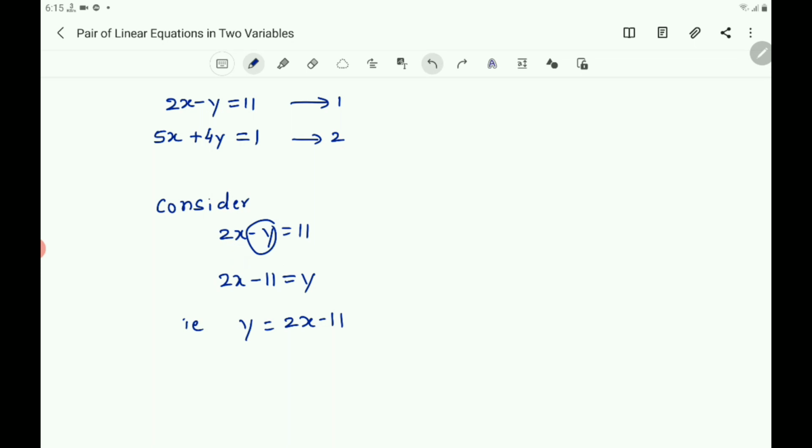But here y is negative, therefore it is convenient to transfer minus y to RHS and 11 to LHS. So you got positive y here. Now you exchange LHS and RHS, then you got y equals 2x minus 11. Consider that as the third one.